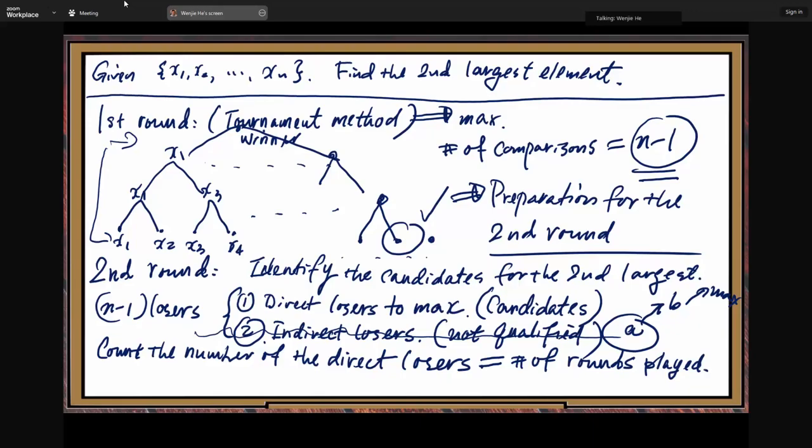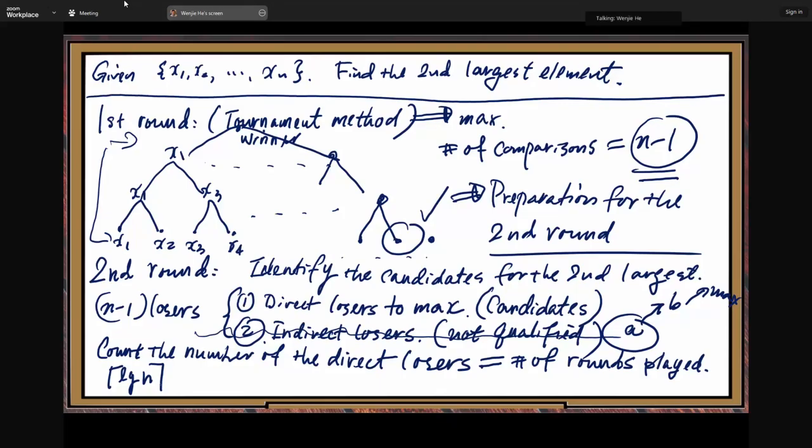Divided by 2, divided by 2, divided by 2, and in the last round, that's 1. So the number of rounds is the ceiling function of log base 2 of n. We need to round it up when we take the log.